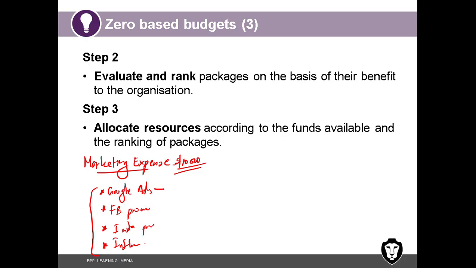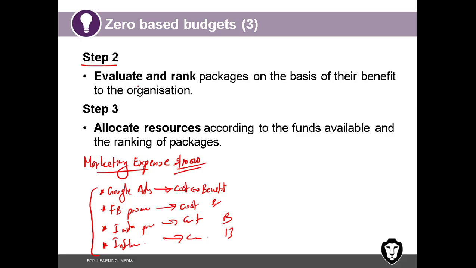Why do I say package? Each one I will now analyze. How much is the cost of it? How much is the benefit from this? Compare these two. Is it justified? Do that for each item: cost, benefit, cost, benefit. Based on all these cost-benefit analyses, now I can rank.